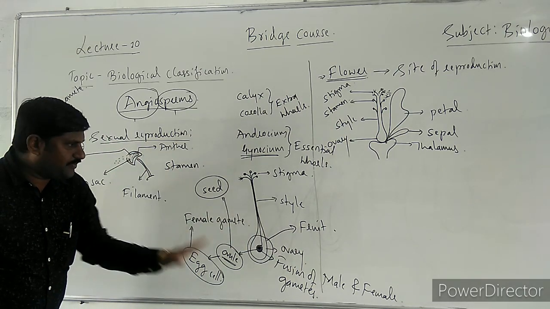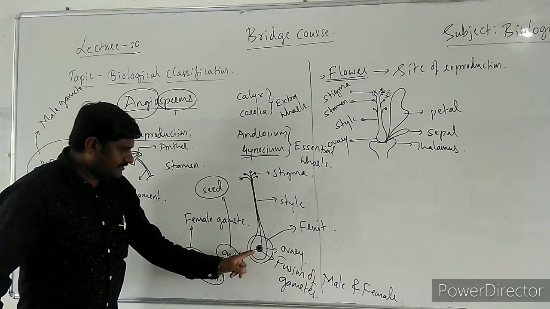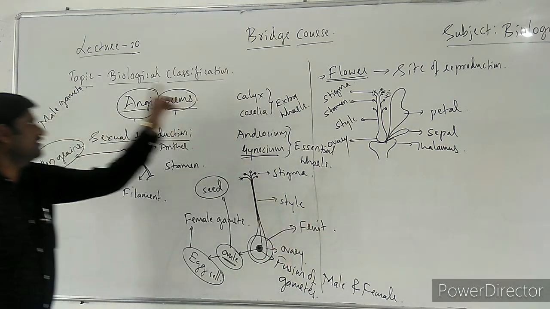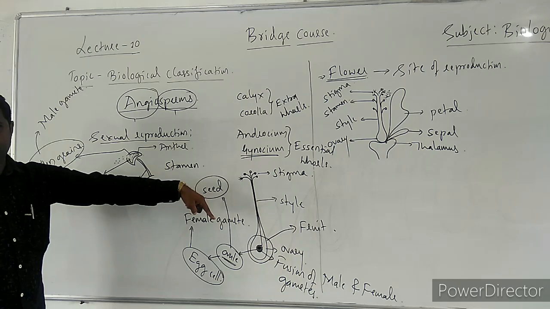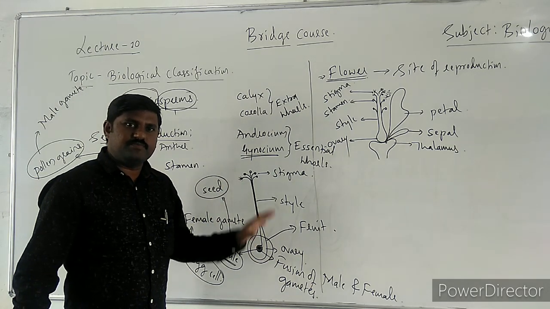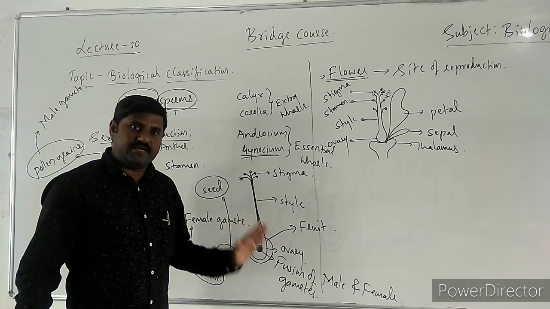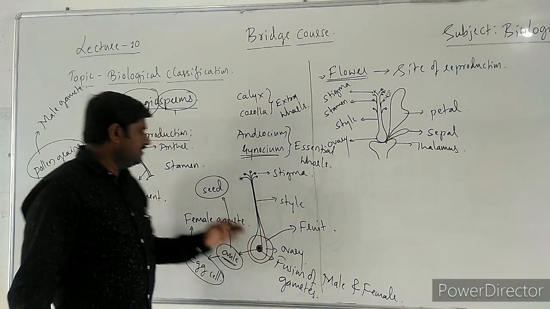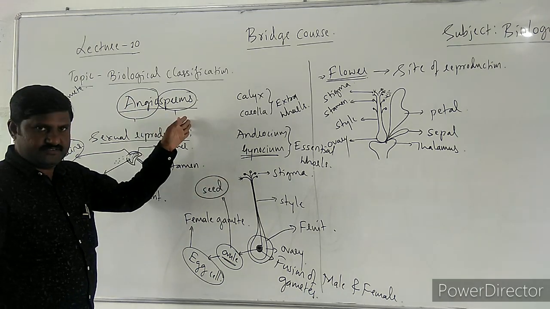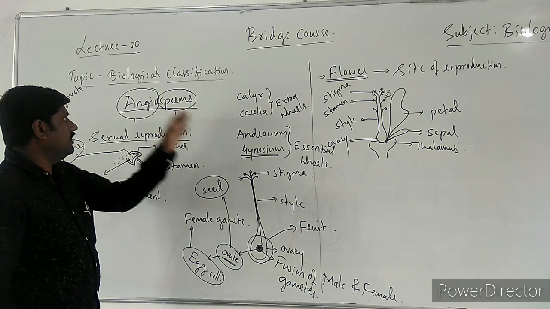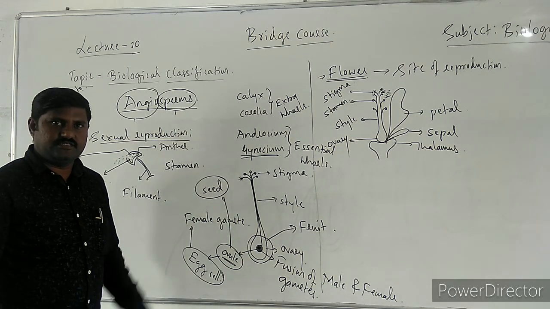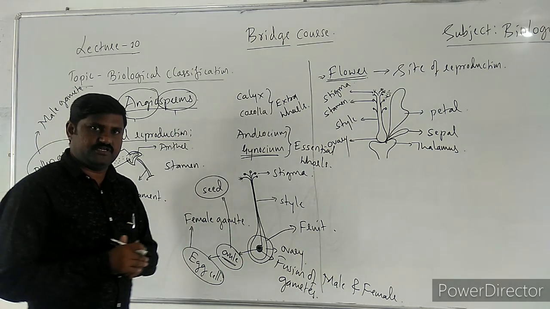The plants which bear seeds enclosed within a fruit are called angiosperms. So this is how the sexual type of reproduction takes place inside the flower in angiosperms. And I have proved why these are called angiosperms.